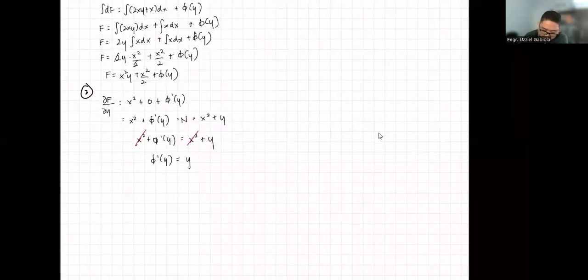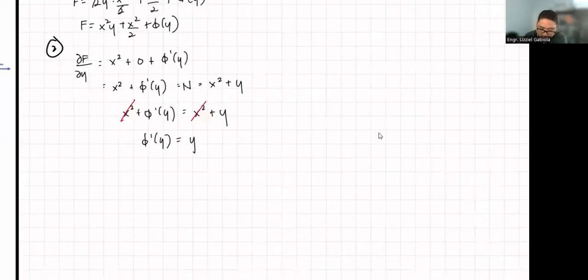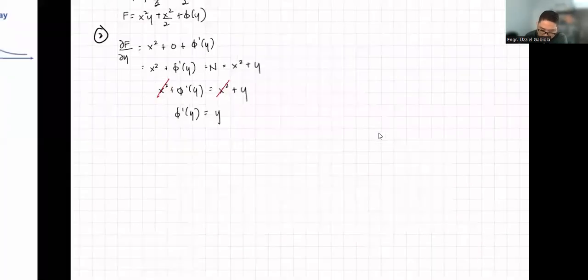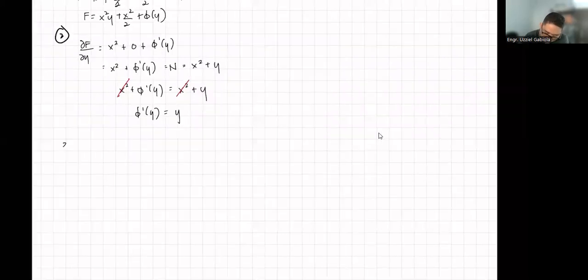Okay? So, dito, step 3 is we have φ prime y. So, equal siya sa dφ over dy. So, yung ating dφ over dy is equals to yung ating na-calculate na y.